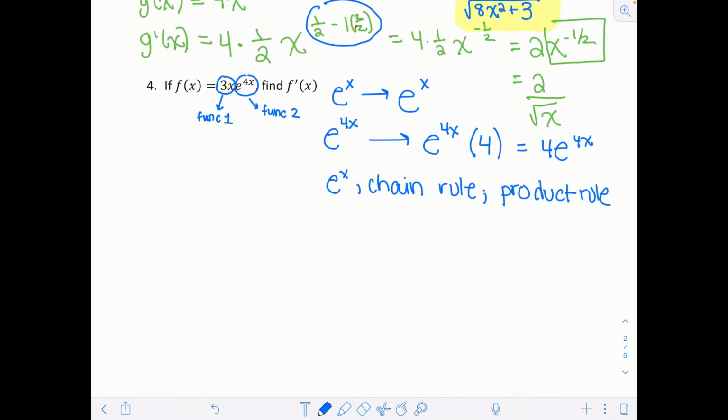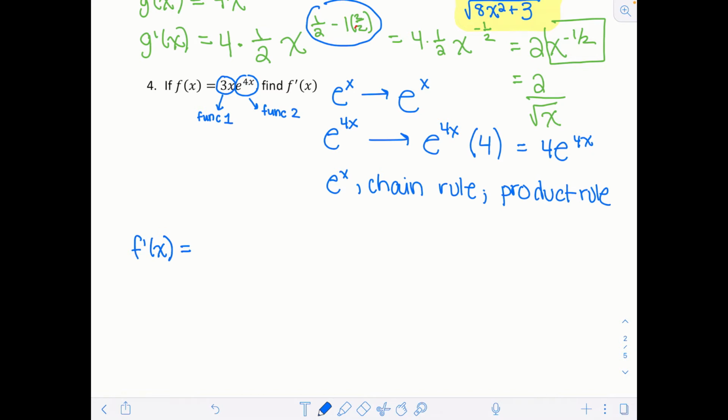Okay, so let's go ahead and use the product rule here. Because the product rule is addition in between, it doesn't really matter which one you use first as the original function and which one you use first as the derivative. And I'm going to solve this problem all together, but I know that a lot of people will break it up into steps.